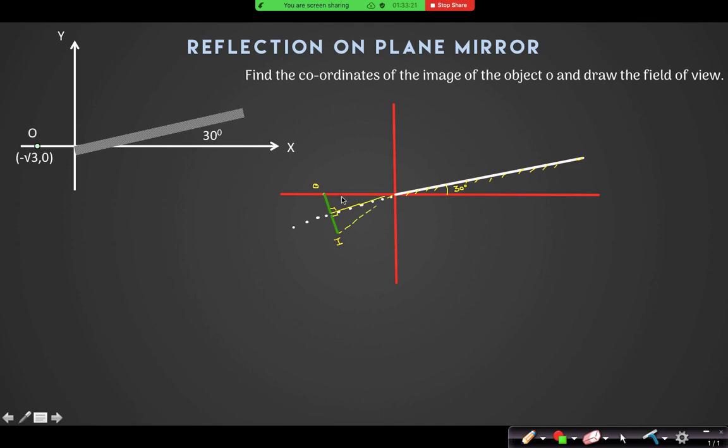If you join here like this, these two are congruent triangles, yes or no? This length is common, and the two angles are also the same. So if I say that this length is √3, can I say this length is also √3? And if this angle is 30 degree, this angle is also 30 degree. Can I say this angle is 60 degree?